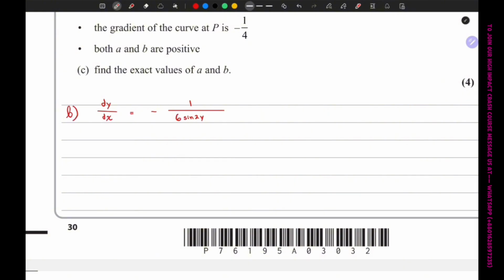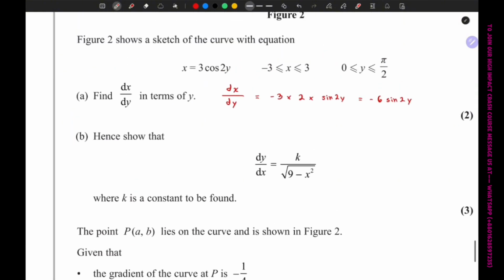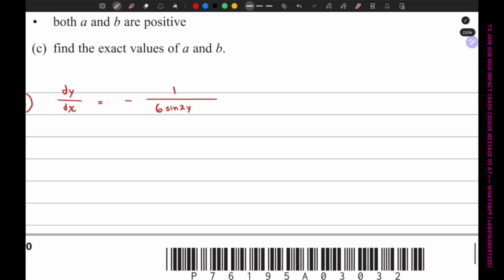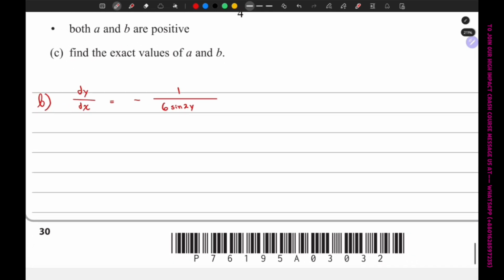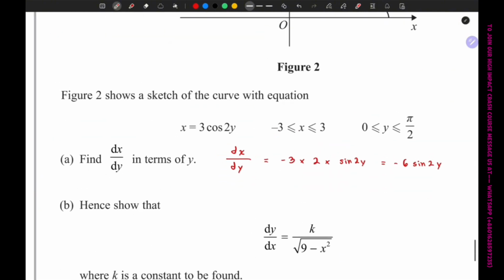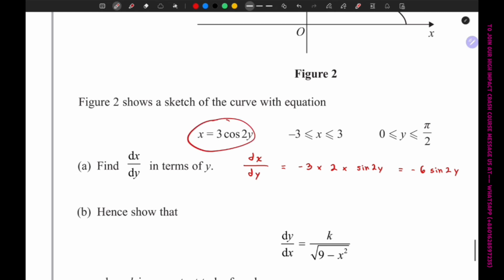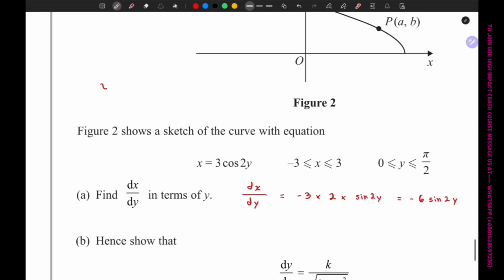Now let's see how we can write this in terms of x only. If we want to replace sine 2y with x, there's an x squared, so this equation will be squared. So if we square this, this will be x squared equals 9 cos squared 2y, and we can write cos squared 2y as 1 minus sine squared 2y, because of the identity sine squared x plus cos squared x equals 1.